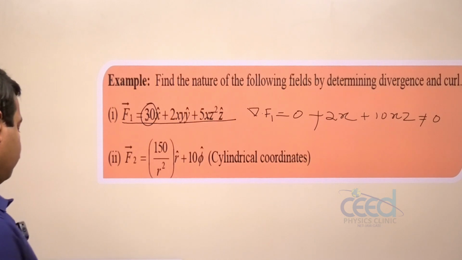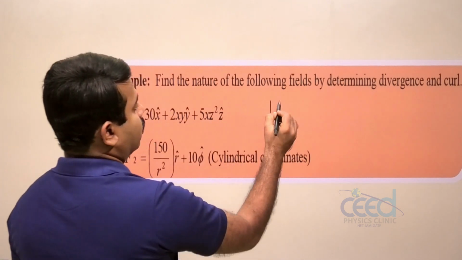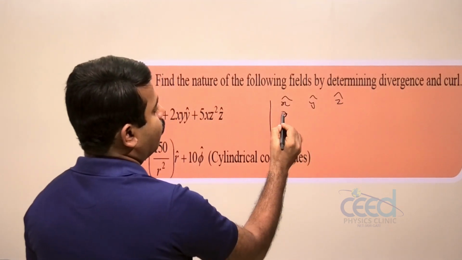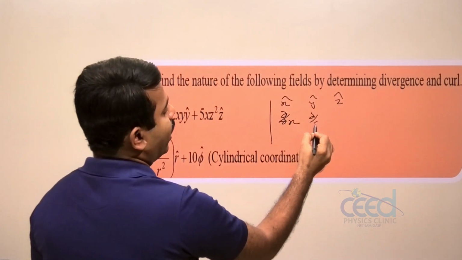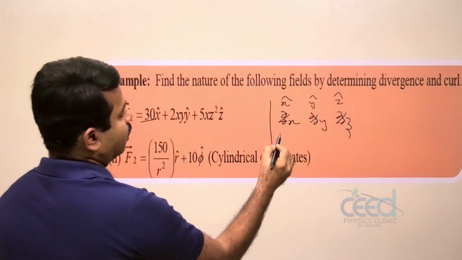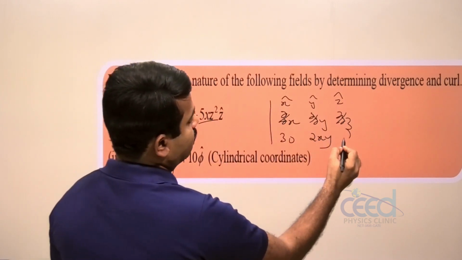Similarly, you can find the curl here. Then how? X cap, y cap, z cap, dou by dou x, dou by dou y, dou by dou z, then 30x, 2xy and 5x z square.